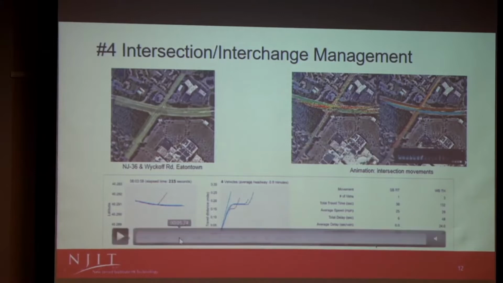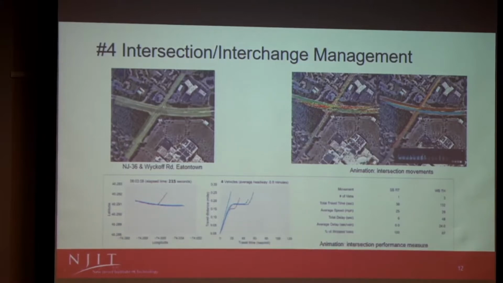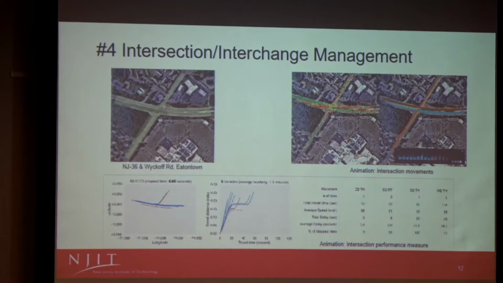Based on this, we were able to make some performance measures. Here it actually makes a time-space diagram, which could be used for a Purdue coordination diagram as well, and then automatically calculates this performance measure for each street connected to this intersection as well.